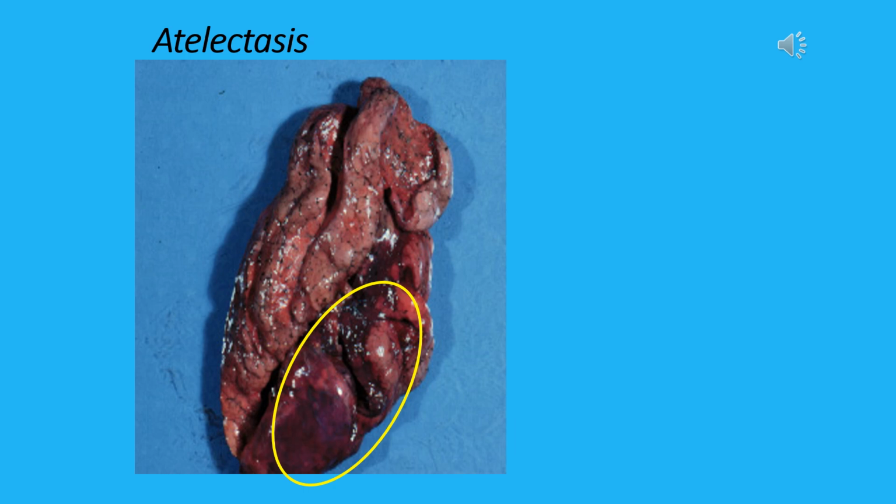This is an example of a gross appearance of an atelectatic lung, as seen by the dark red violaceous color of the lower lobe or lower segment of lung tissue. The clinical implications of atelectasis are the following. It may result in reduction in oxygenation, and atelectasis may predispose to respiratory infection.